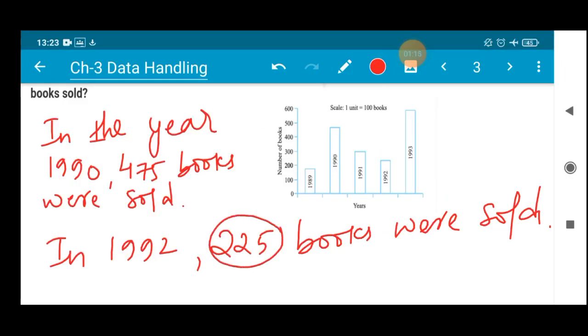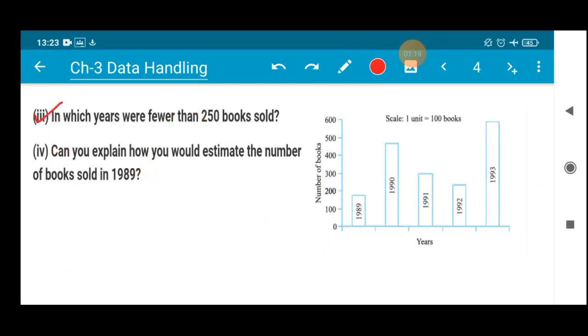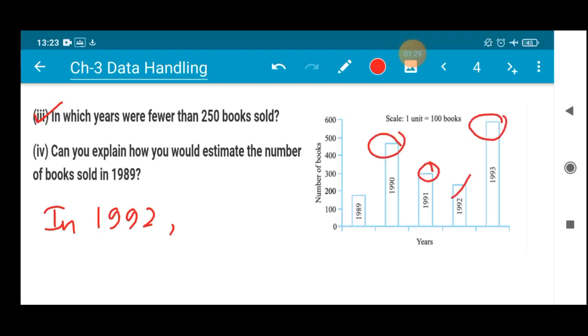It is in 1992, less than 250 books were sold. So you will write 1992 is the one, and another one. But if you see the other bars, in all the years more than 250 books were sold. So one case will be 1992 and another will be 1989.